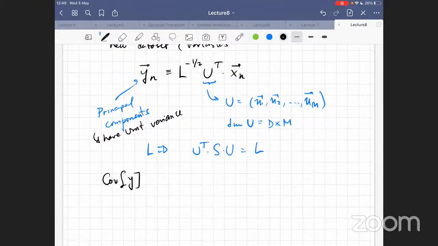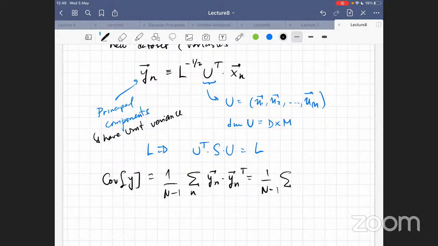So let me just compute the covariance of that. This is just the unbiased covariance, that's why I have this 1 over n minus 1 sum of y_n y_n transpose. I'm just replacing here L^(-1/2) U^T x_n x_n^T U L^(-1/2).